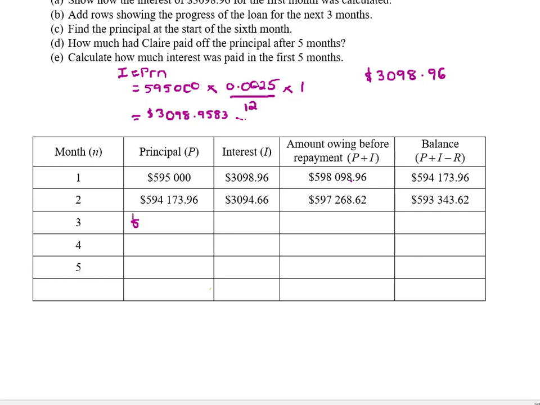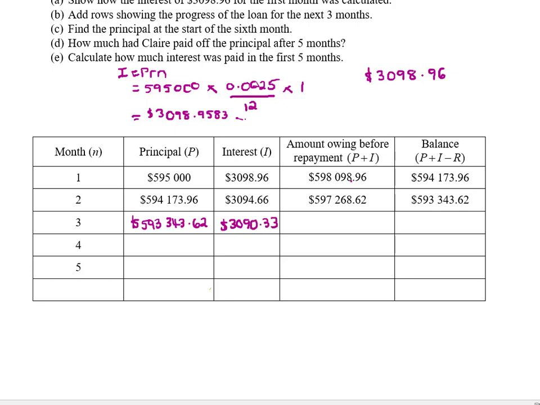That is still what is owing at the start of month 3. So it's $593,343.62. I'm now going to work out the interest. So it is this amount multiplied by 0.0625 over 12 times 1. And now I get a new interest of $3,090.33.